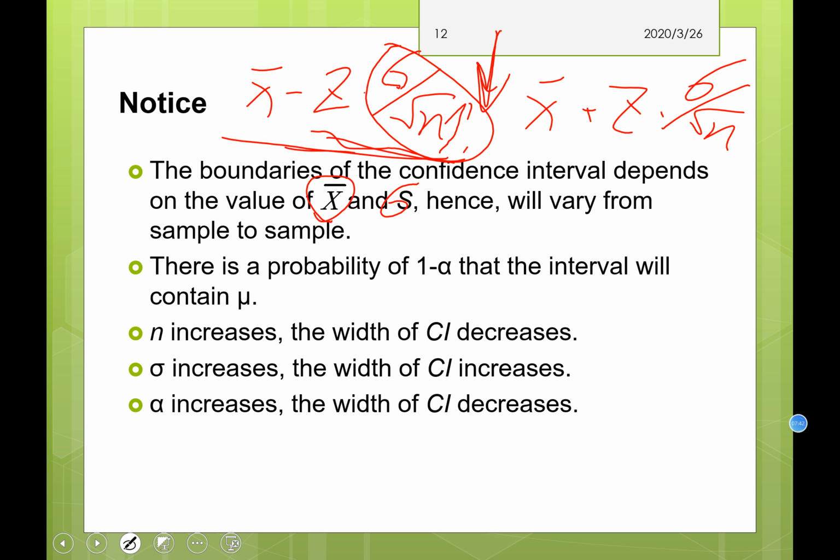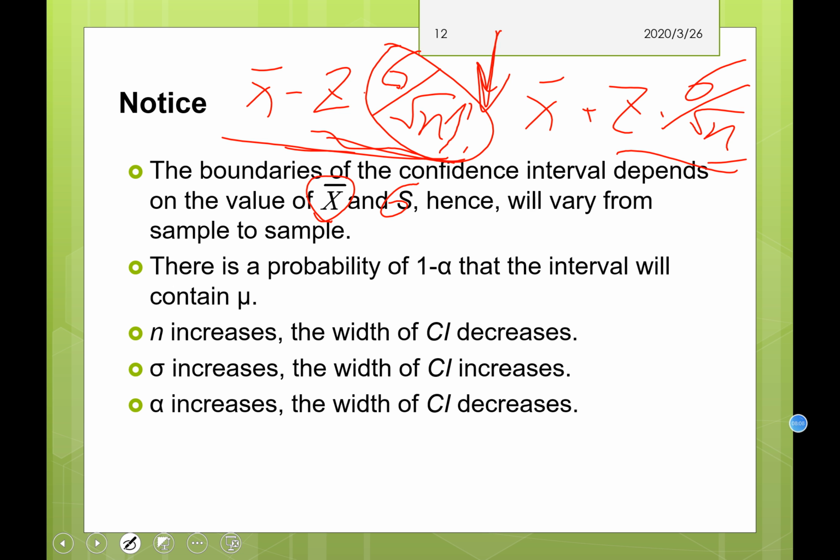So the width actually means the difference between the upper bound and the lower bound. So when n increases, the difference between these two boundaries should decrease.